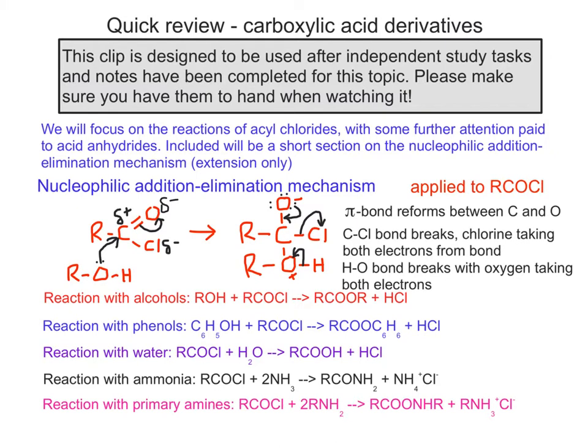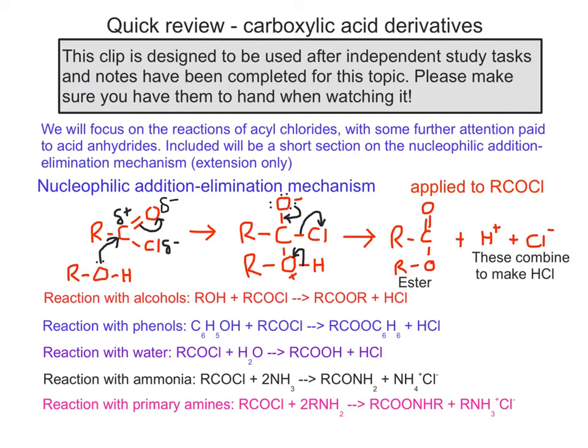The way this is dealt with is that the O-H bond breaks with the oxygen taking both electrons. So our final products are an ester in this case, and the H plus and Cl minus that both came off the intermediate in the middle combine to make HCl.